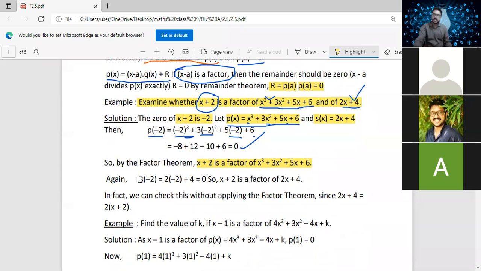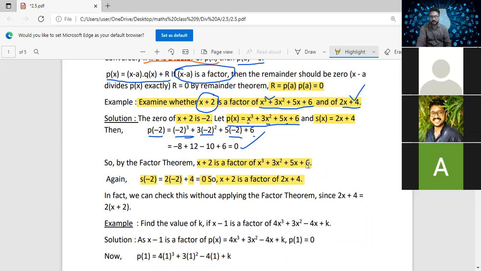Instead of x, you substitute minus 2. So s of minus 2 is equal to 2 into minus 2 plus 4, which is equal to 0. Again, in the same manner, x plus 2 is a factor of 2x plus 4.